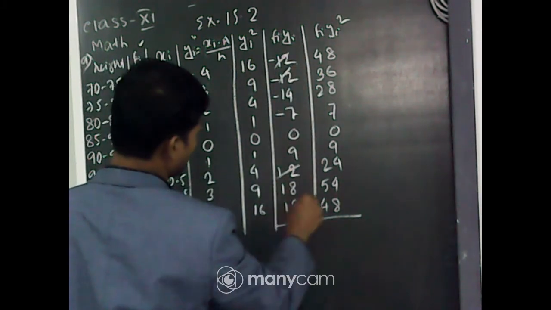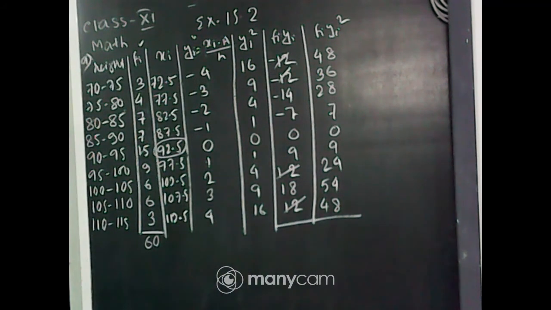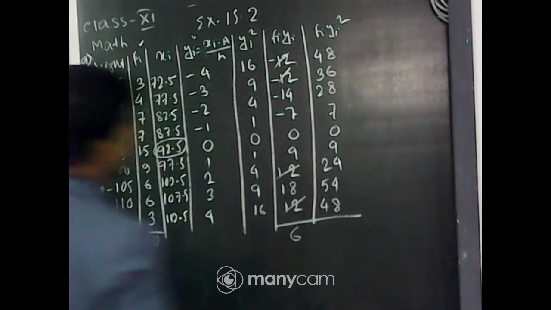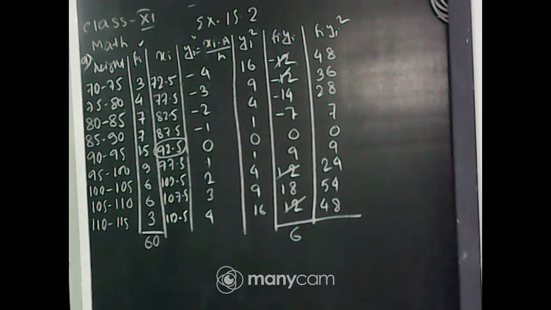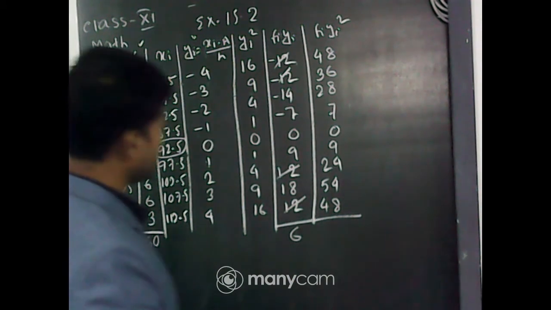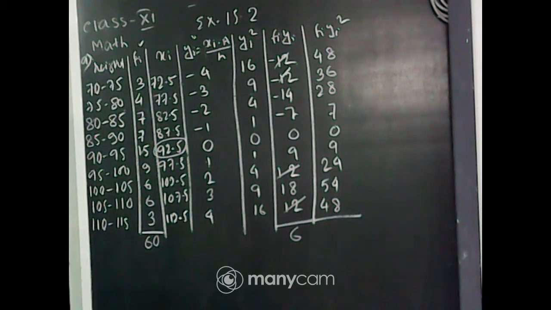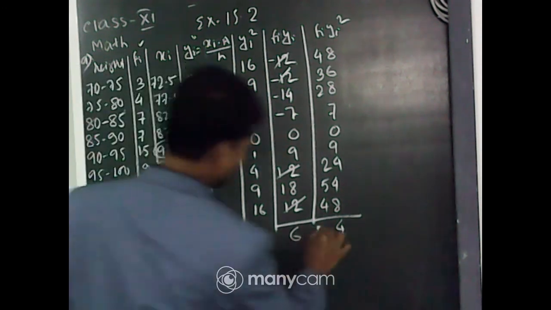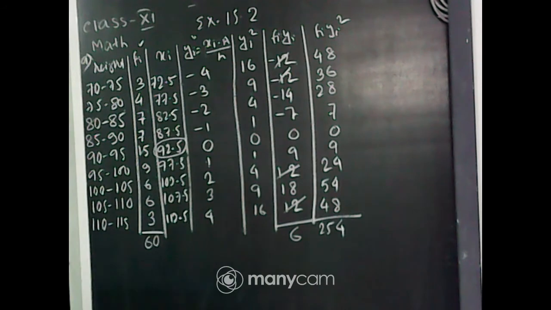So this is 4 and this is 2, that is equal to 6, and summation of fi yi square. Okay. So add it. That is equal to 254. 254 is the value of summation of fi yi square.